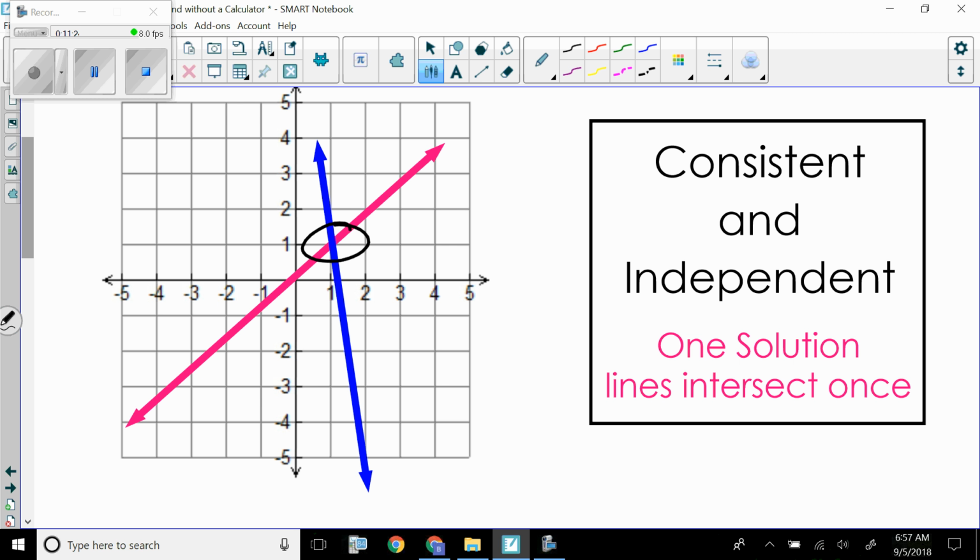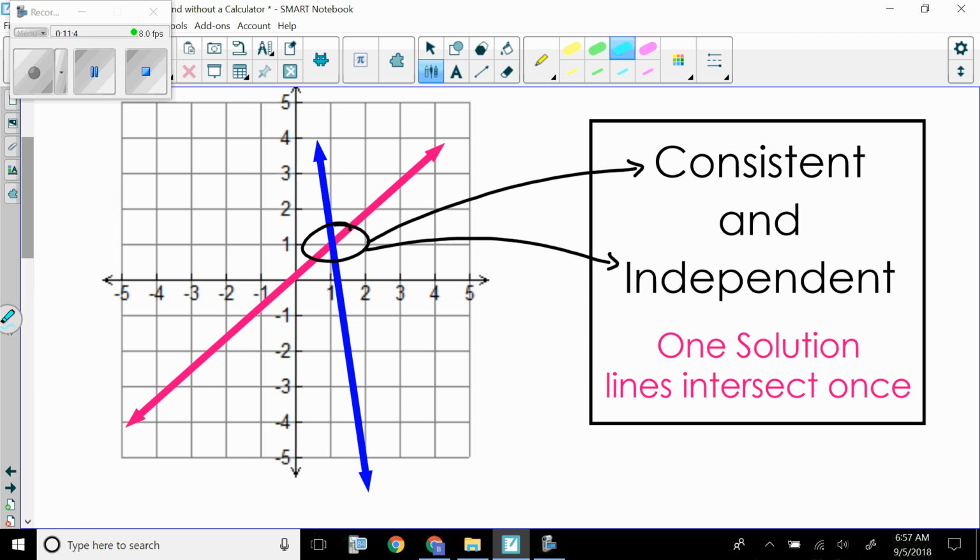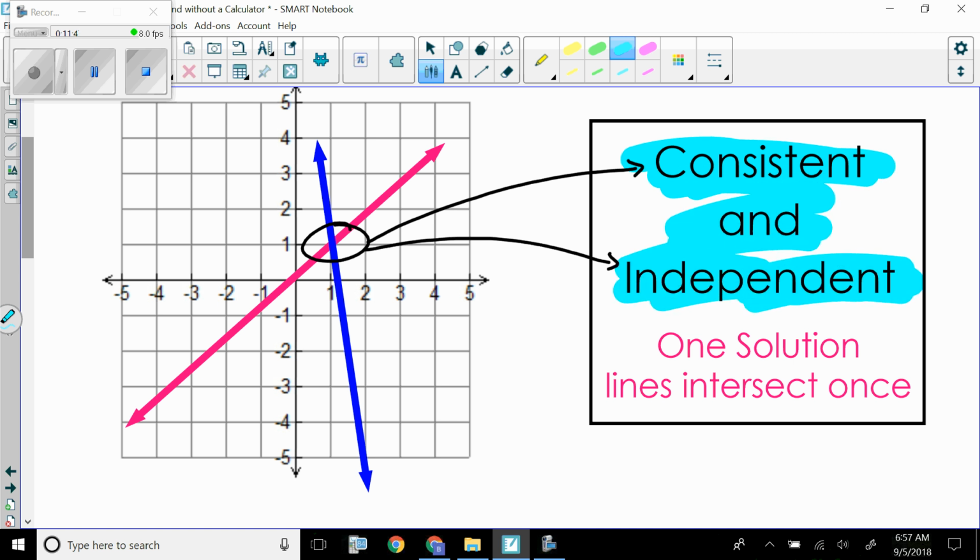Because it intersects, because they hit, it's consistent. Now, it hits exactly once, where I circled that. Well, once means independent. So if I ask for the classification of this system, you would say consistent and independent.